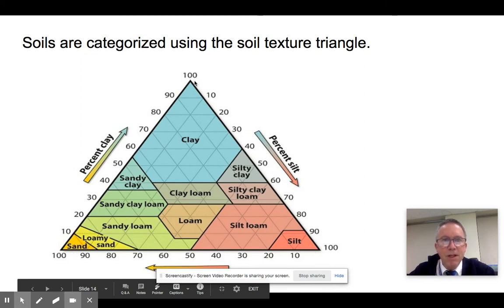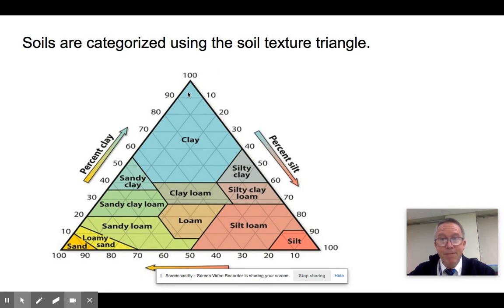So I go from 0 silt to 100% silt. This is 0% sand up to 10, 20, 100% sand. This is 0% clay up to 60, 70, 80, 90, 100% clay. That's how you interpret these charts.